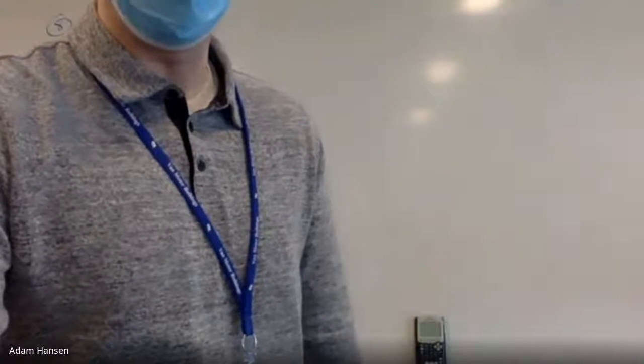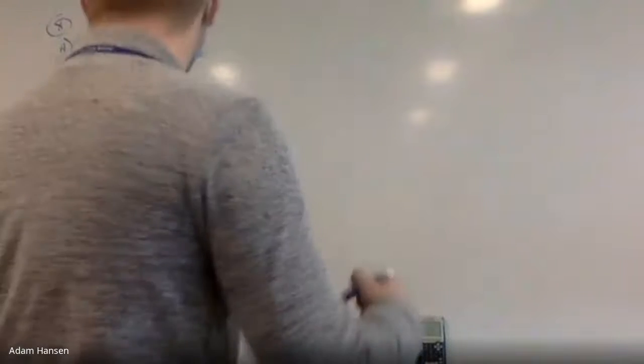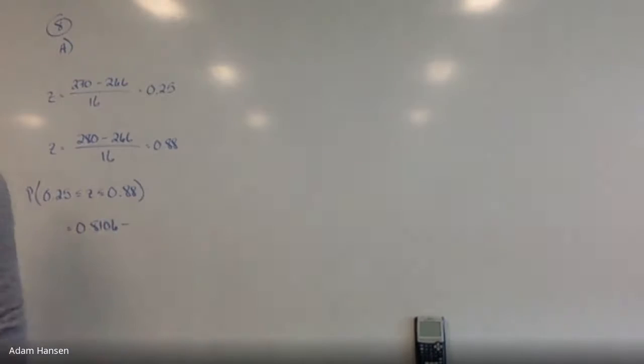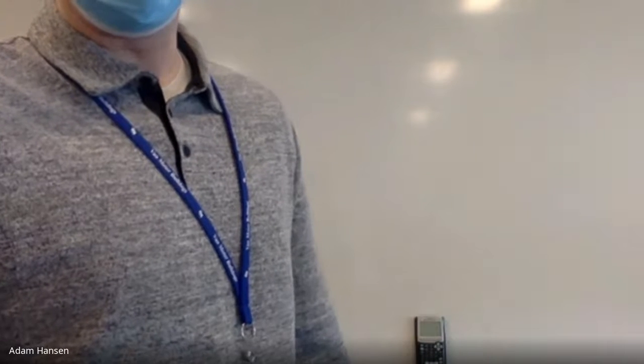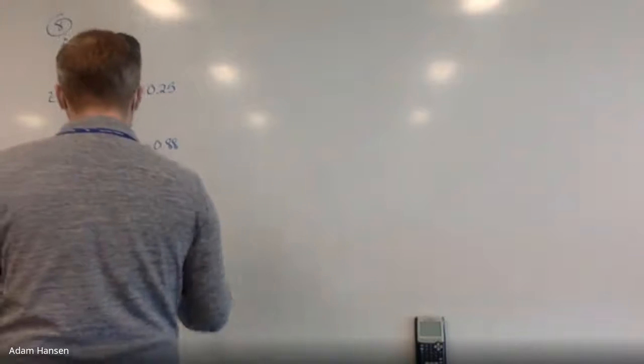Let's start with the proportion to the left of a z-score of 0.88. That's 0.8106. Minus the one for 0.25. To the left of a z-score of 0.88 is 81% of the distribution. To the left of a z-score of 0.25 is 59.87% of the distribution. So between the two, it's the difference.